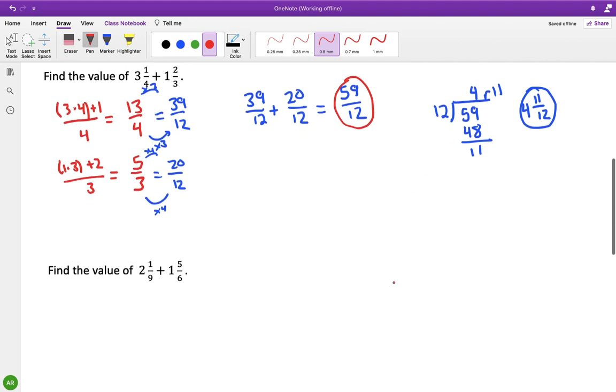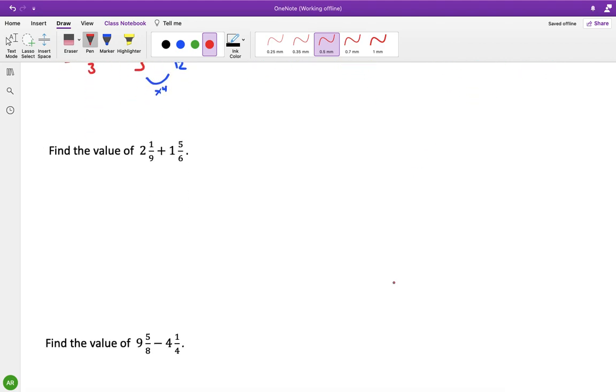Okay, second example is 2 1/9 plus 1 5/6. So we're going to go through the same procedure again. We're going to go ahead and convert the 2 1/9. So that would be 2 times 9 plus 1 divided by 9. So 2 times 9 is 18 plus 1 is 19.